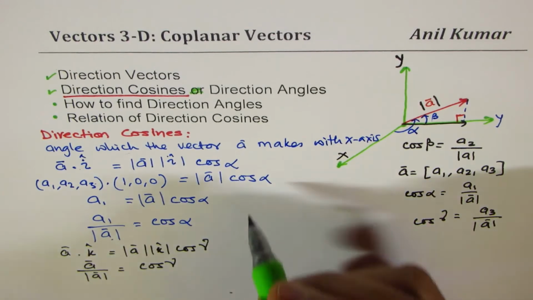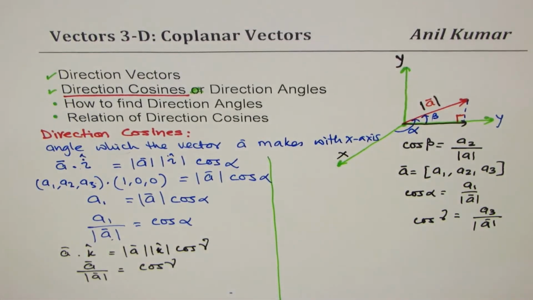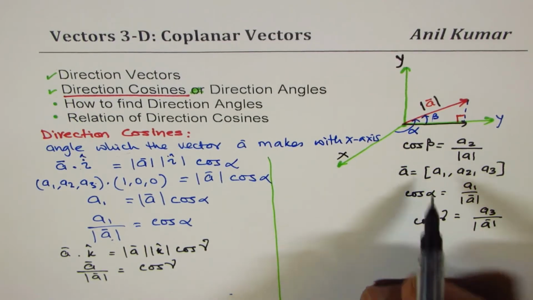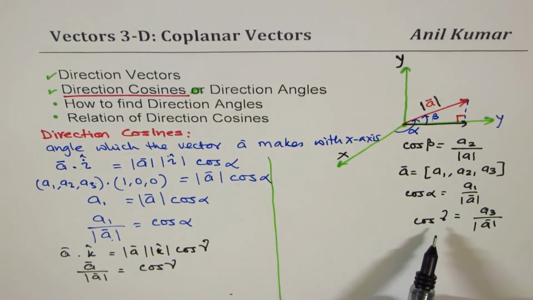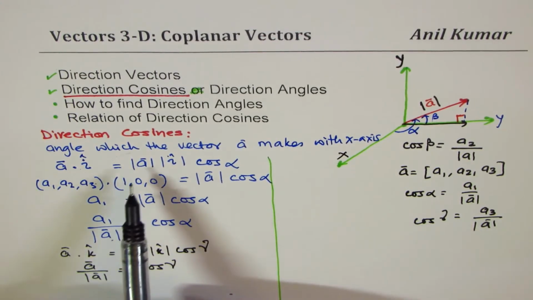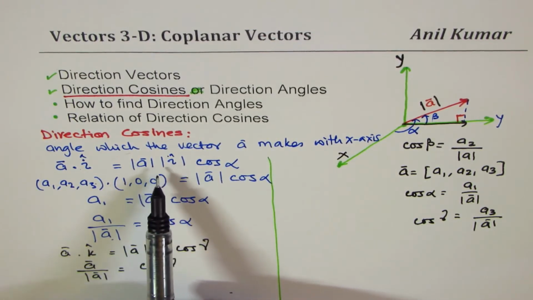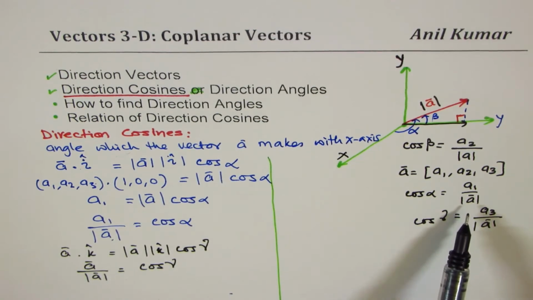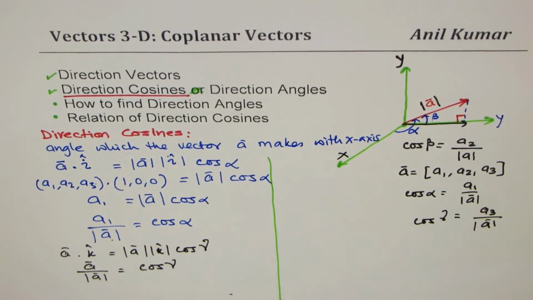Is that correct? So what you've seen here is that the direction cosines can easily be calculated by finding the ratio of the direction vector components to the magnitude. Perfect. So that is how they are related, right?